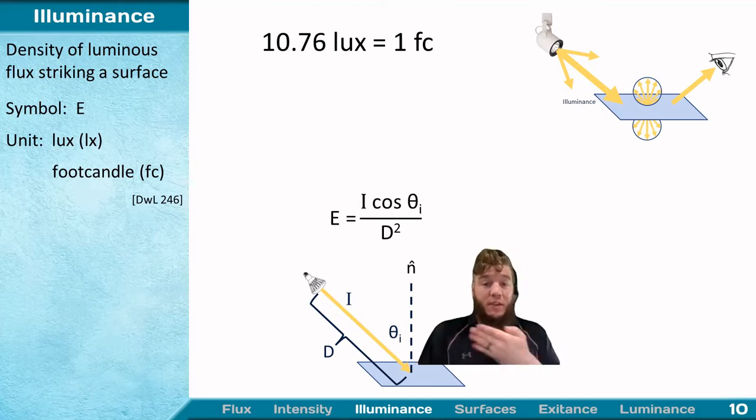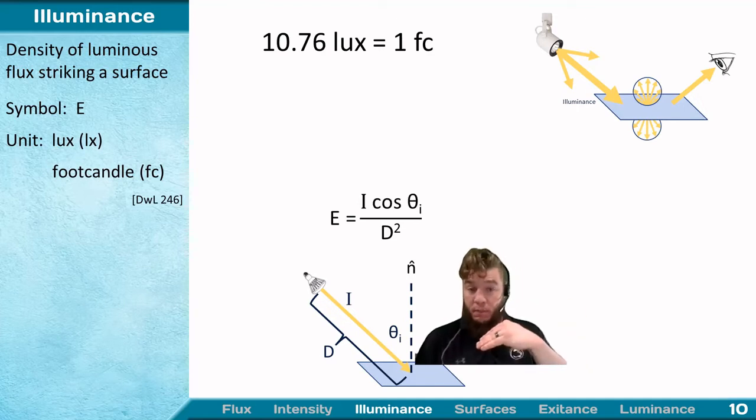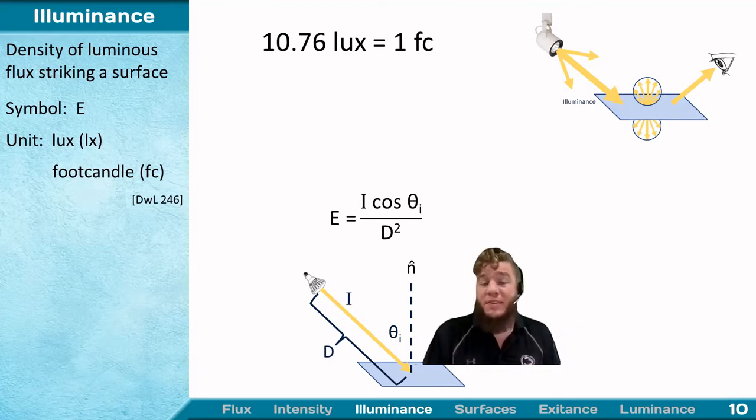So the angle of incidence is specifically the angle between the path of light as it's coming into the plane and the normal vector to the plane. So a normal vector is just a fancy way to say a line that is perpendicular to that surface across both dimensions of the surface.